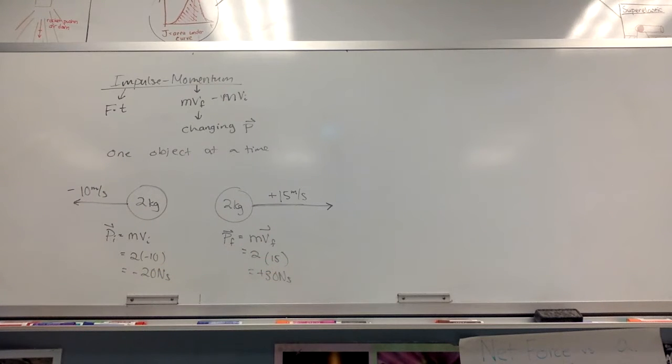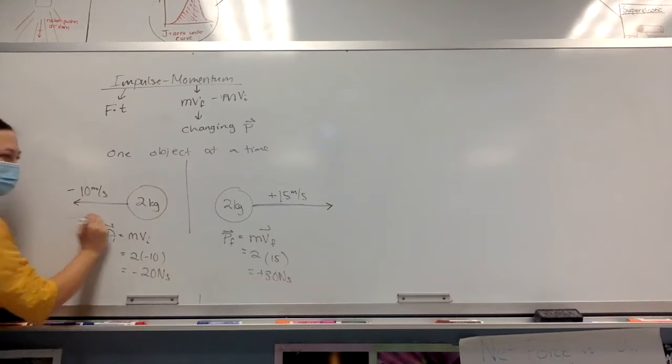If you're looking at this, it looks like a conservation of momentum problem, except it just has one object, and that object has gained momentum, so momentum is not conserved. So how I picture impulse momentum theorem is I do a before and after diagram. That's this picture right here.